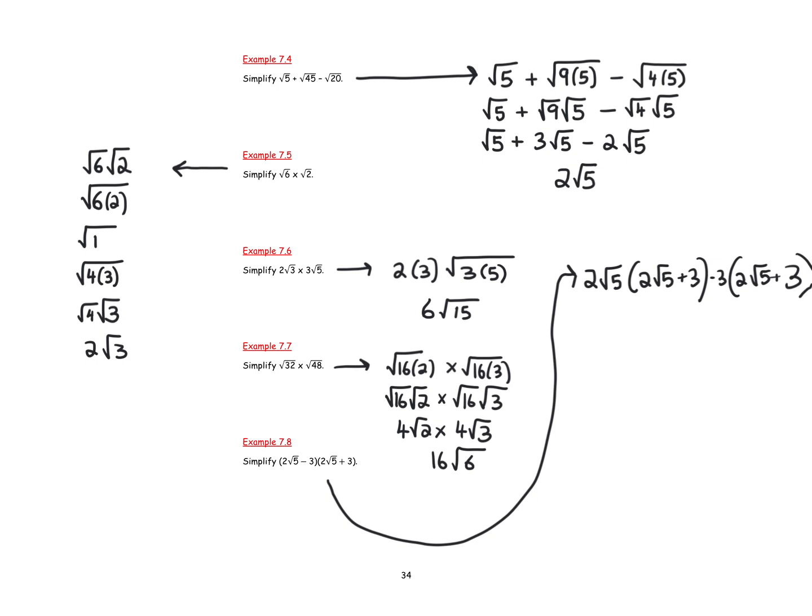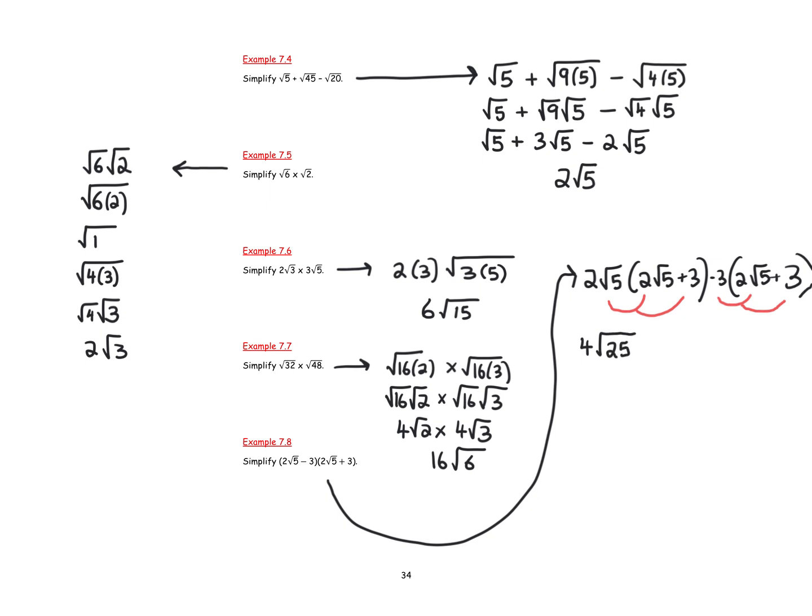So we're going to multiply the 2 root 5 by the 2 root 5, the 2 root 5 by the 3, the minus 3 by 2 root 5, and the minus 3 by 3. We first of all have 2 root 5 by 2 root 5, so the 2 by the 2 will give us 4. And we'll then get 5 times 5 underneath the square root, which will give us 25.